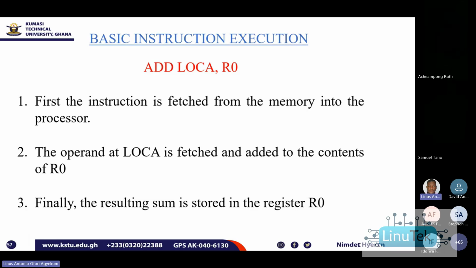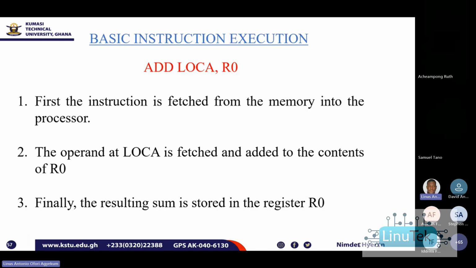Now, the operand at location A is fetched and added to the contents of a register. And that register is register 0. And then finally, when the instruction has been executed, the resulting sum is stored within register 0.